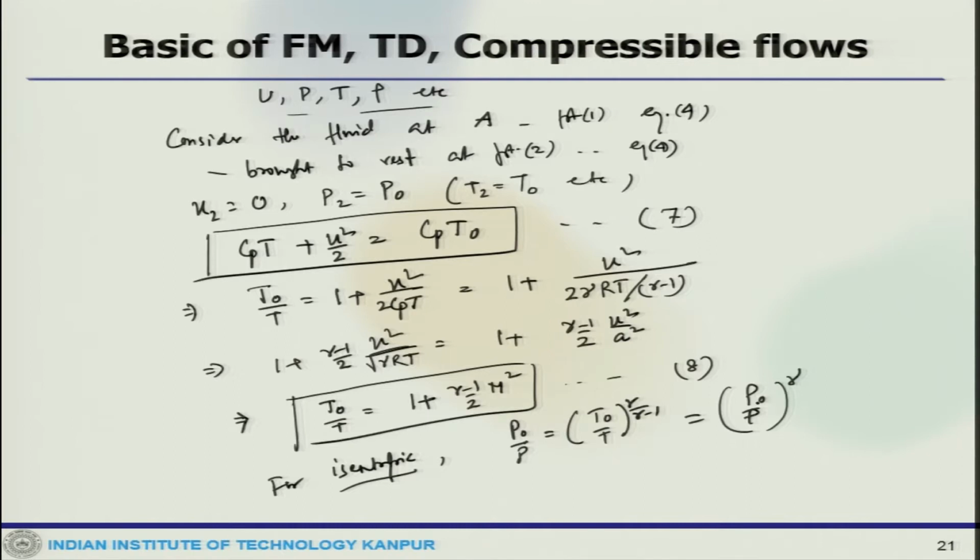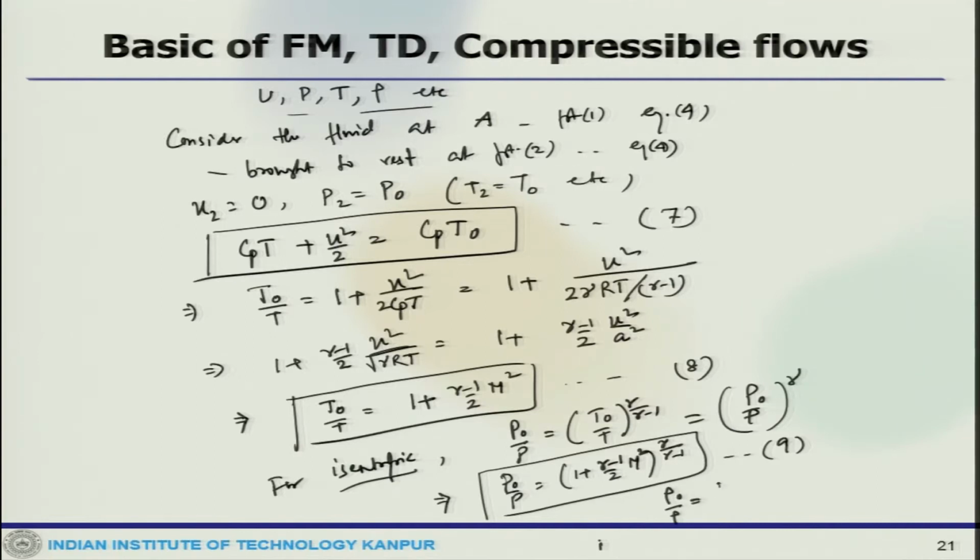So, this is P T rho relationship for isentropic flow, and once we put it back in equation 8, this gives another relationship for P naught by P is 1 plus gamma minus 1 by 2 M square to the power gamma by gamma minus 1, which is 9, and another one on density, rho naught by rho is 1 plus gamma minus 1 by 2 M square to the power 1 by gamma minus 1, which is 10. So, all these relationships we get.